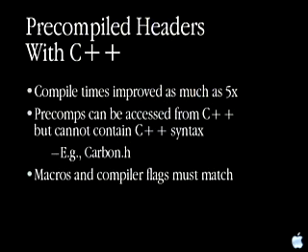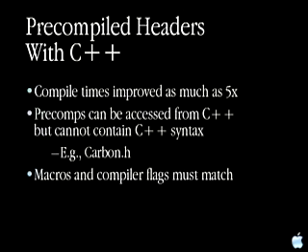What we've also added are precompiled headers usable from C++. What we've seen here is compile times improve as much as 5x for Carbon applications. So the way that we did this is precomps can be accessed from C++ now.